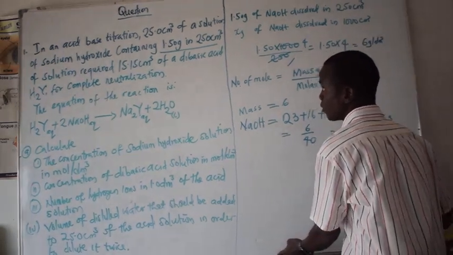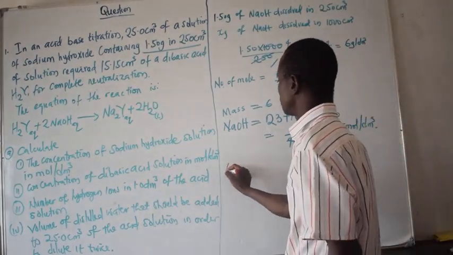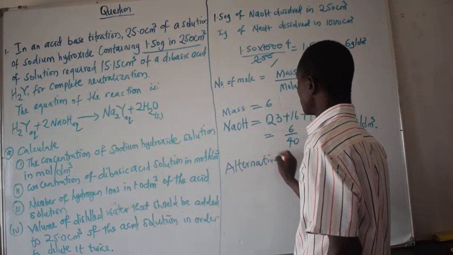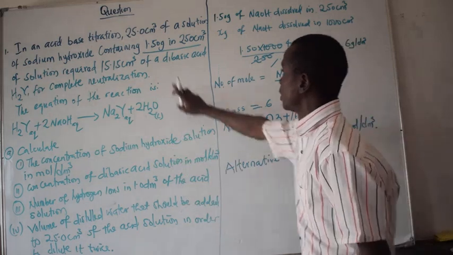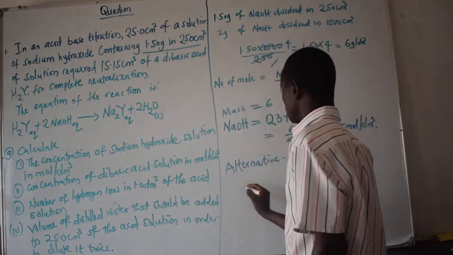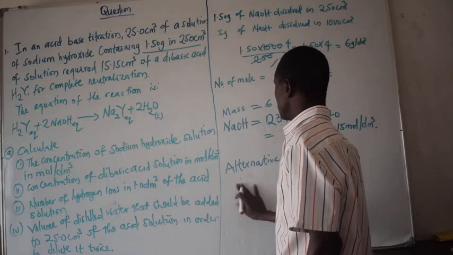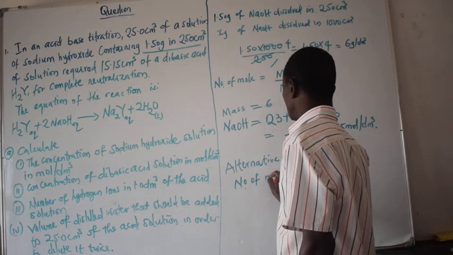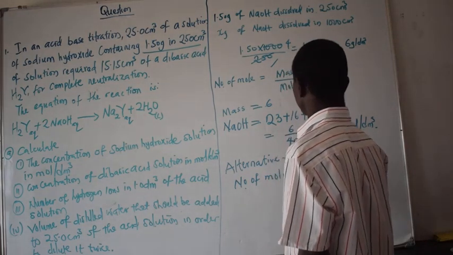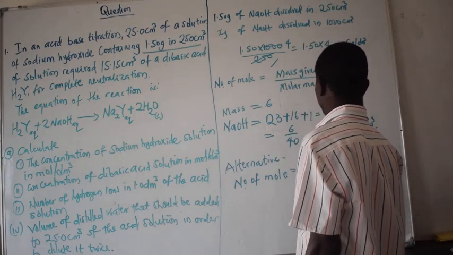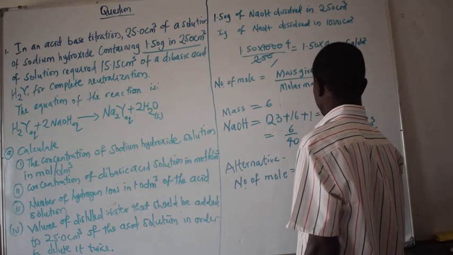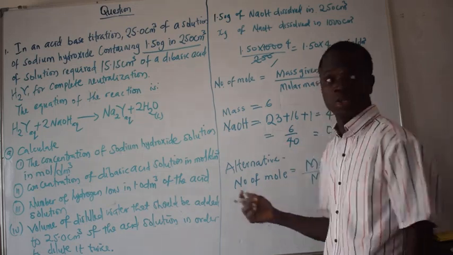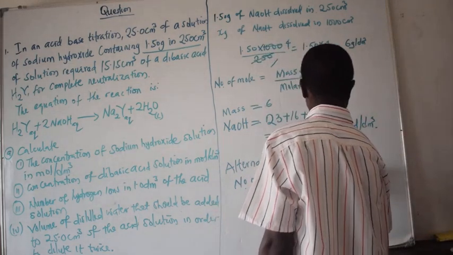Now, another method, alternatively, I'm still talking about number one. We are given the mass, so let us find the number of mole first. Number of mole is equal to mass over molar mass. Since we've gotten the mass and the molar mass of NaOH, we don't need to find it again.